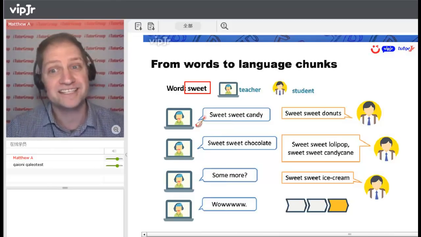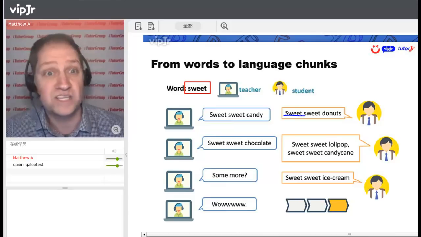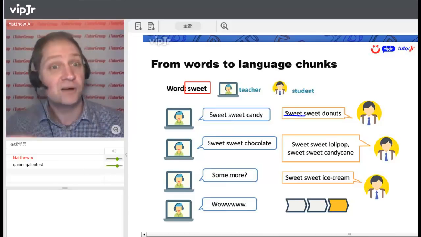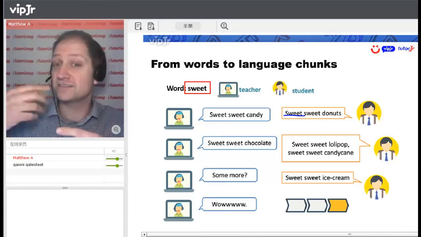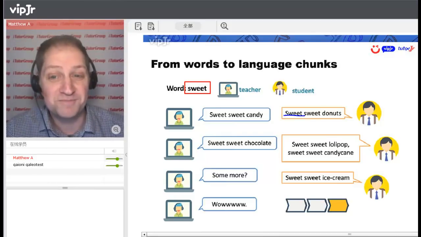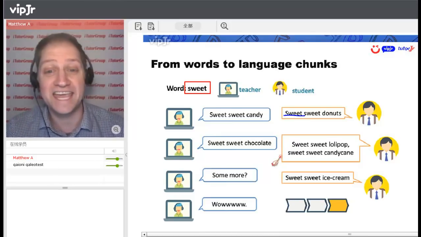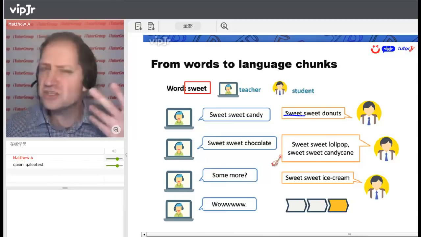And we could elicit from our student a response for them to use the word sweet. Maybe they would say something like sweet, sweet donuts. And we could continue, sweet, sweet chocolate. And maybe they might say sweet, sweet lollipop or sweet, sweet candy cane. And we could ask them, can you think of any more?